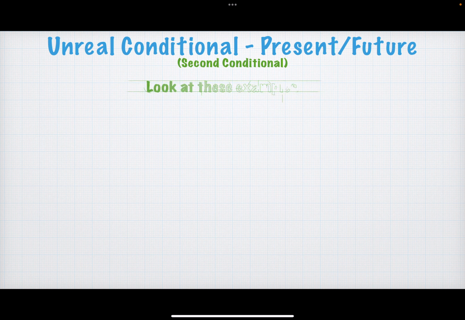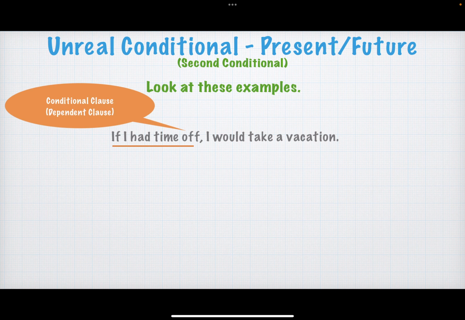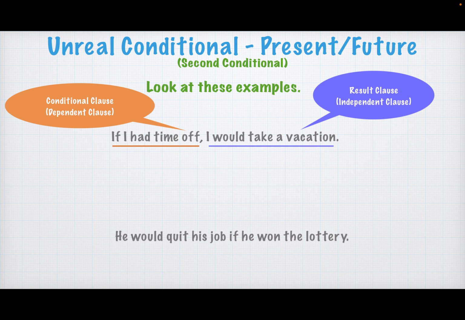Let's look at some examples. If I had time off, I would take a vacation. Here's my dependent clause, and here's my independent clause or result clause. Another example, he would quit his job if he won the lottery.